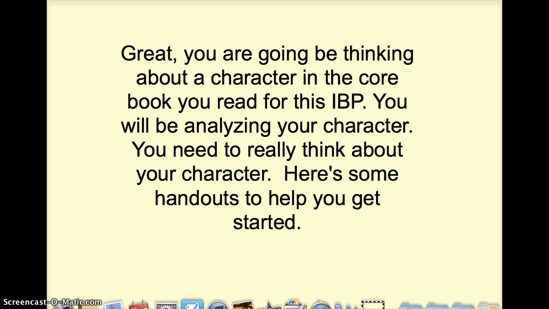Now that you know a little bit about some roles characters can play and some types of characters that exist in novels, you can start thinking about the character in the core book you read for this IBP. Your job is to analyze this character. You really need to think about your character. And I gave you some handouts in class to help you get started.